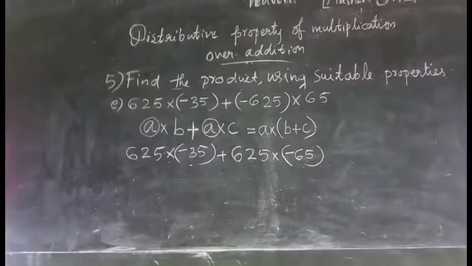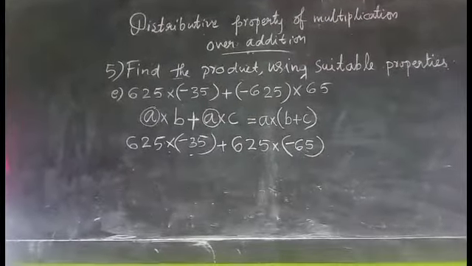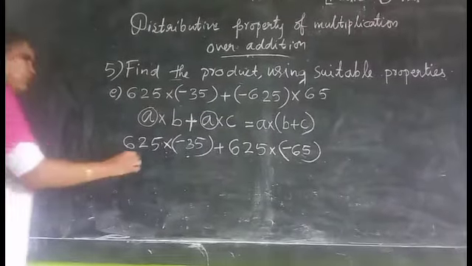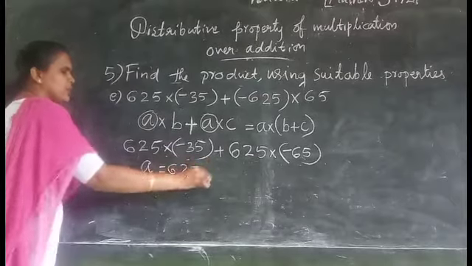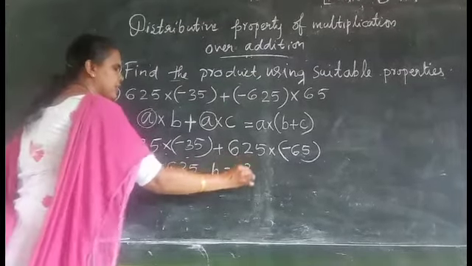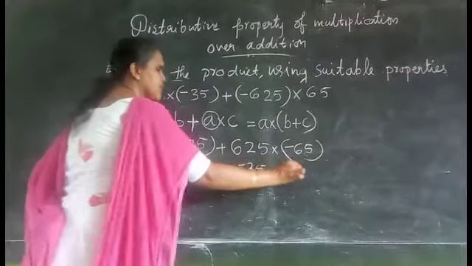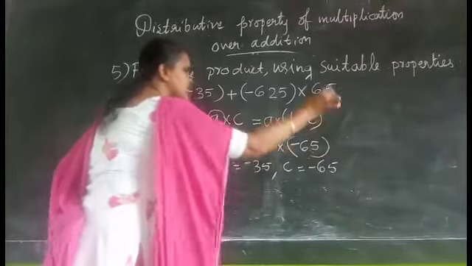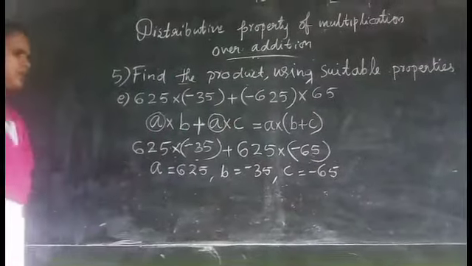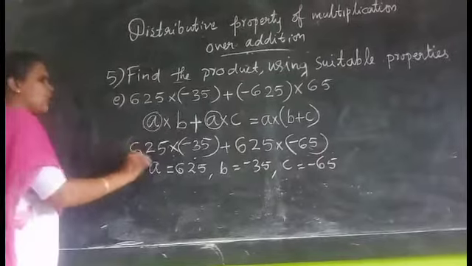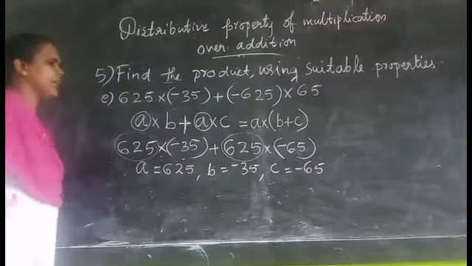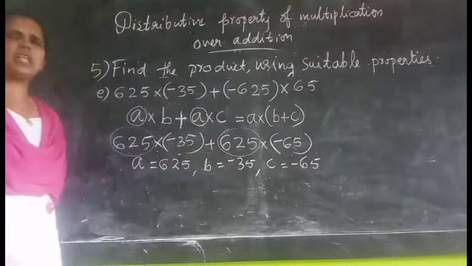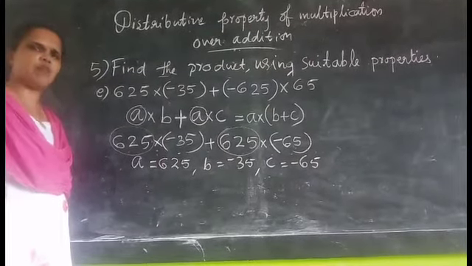Again we can select which are A, B and C. A is equal to 625, B is equal to negative 35, C is equal to negative 65. Once again, A is the common number 625.